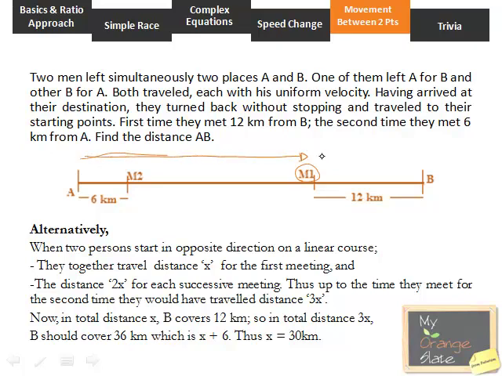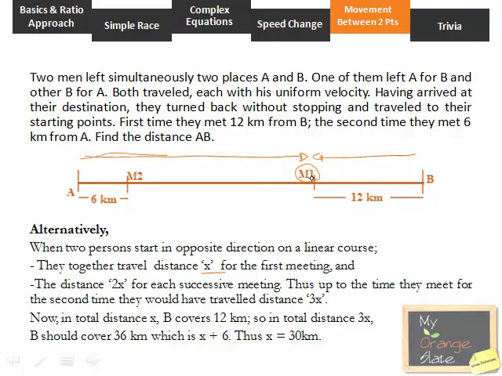That is this plus this. So for the first meeting, they cover distance equal to x. But for each subsequent meeting, they need to cover total distance equal to 2x.